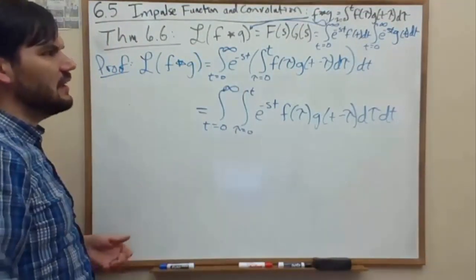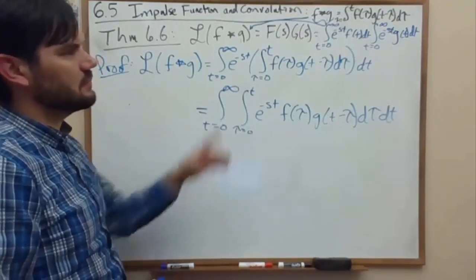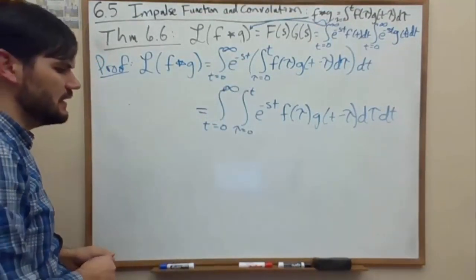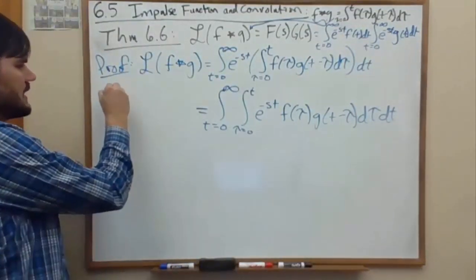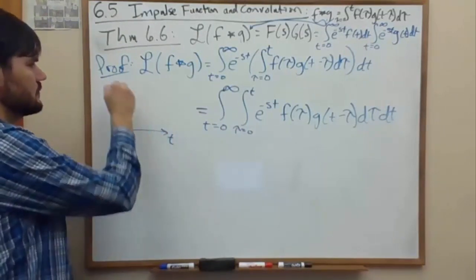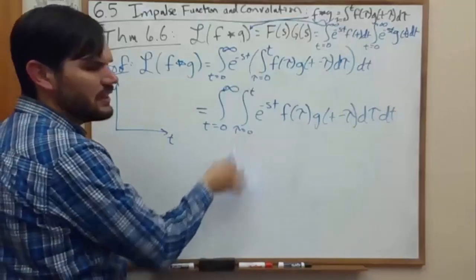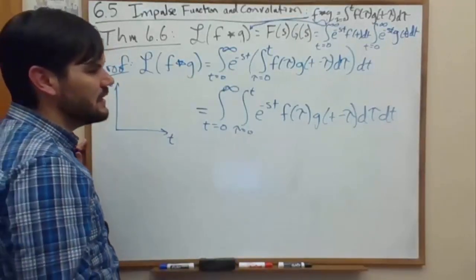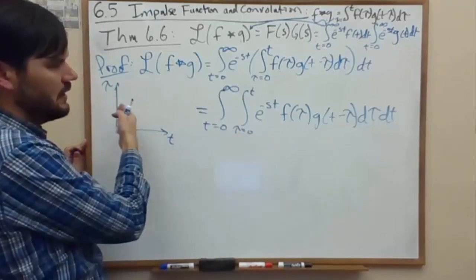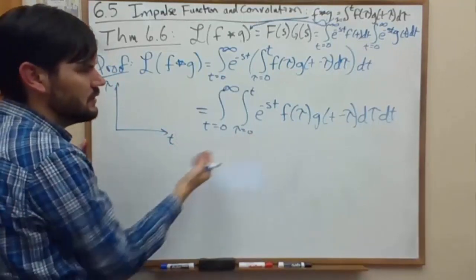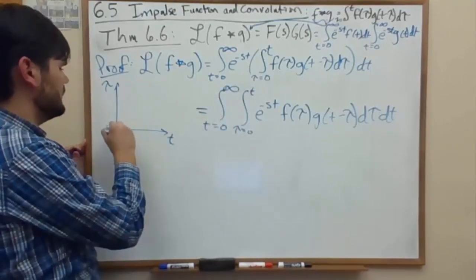To separate it out, we first want to match the limits of our form on the right-hand side. And to do that, I'm going to draw the picture to see what's happening here. On the inside integral, I'm integrating in terms of tau, and that'll give me the initial low function, 0, and initial upper function, t.